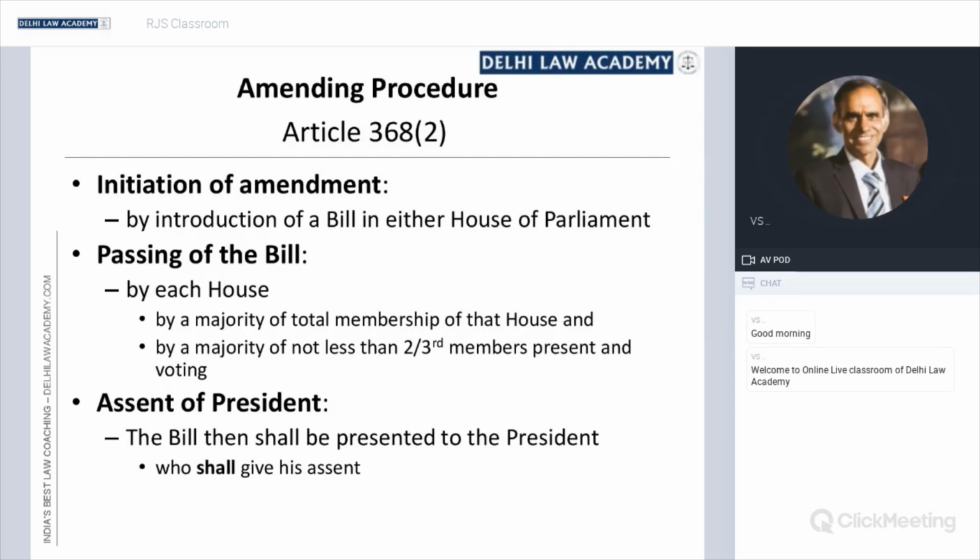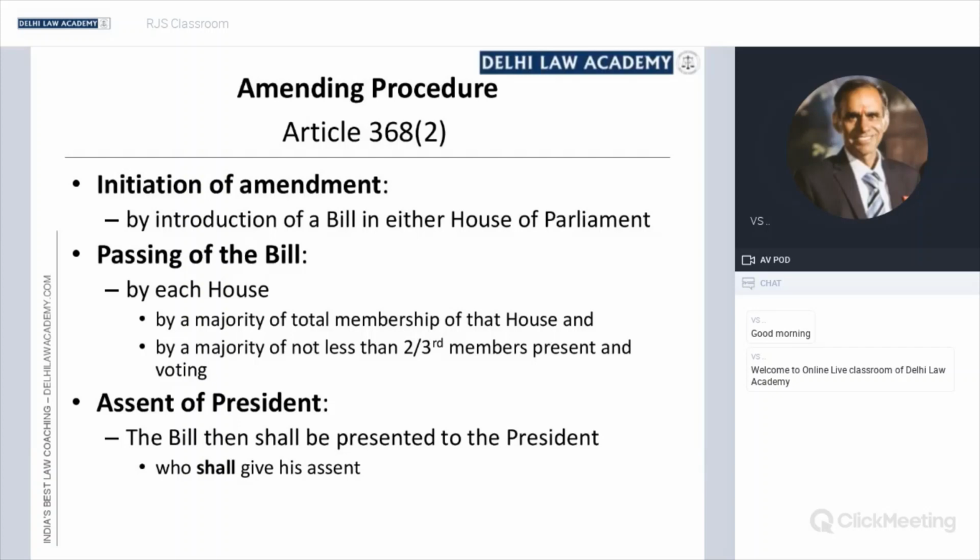The first part is initiation of amendment. This is to be done by introduction of a bill, and the bill can be introduced in either House of Parliament. So as far as amendment of Constitution is concerned, a bill can be introduced in either the Lok Sabha or the Rajya Sabha. Both houses have same power as far as introduction of the bill is concerned.